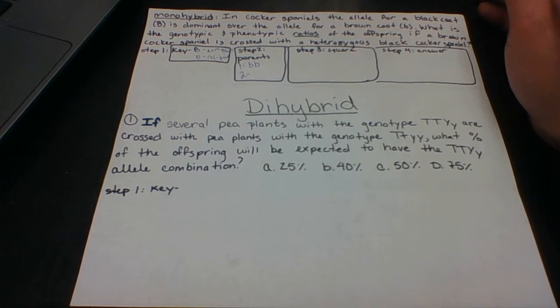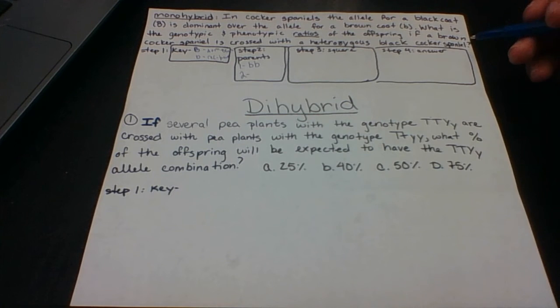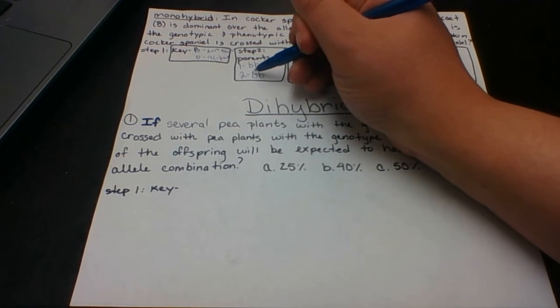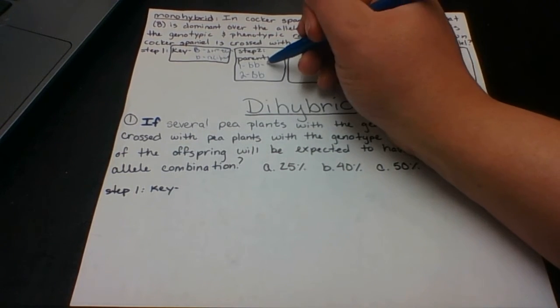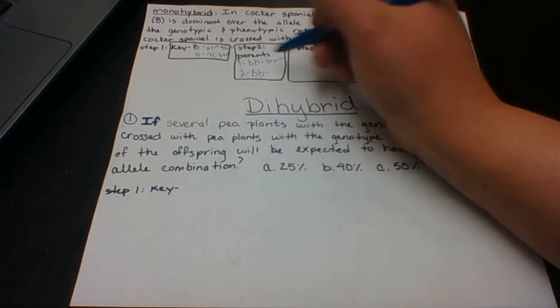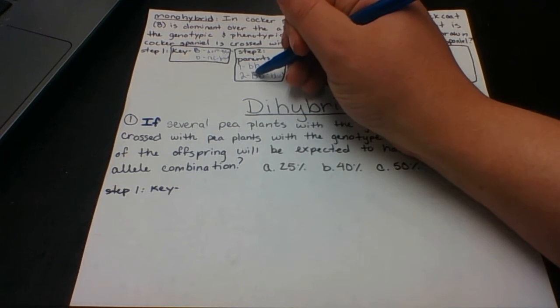And we all know heterozygous means different. So in this case, it's going to be big B and little b. Okay? This represents recessive brown. And this represents heterozygous black. You can see my B, it's supposed to be a big B.